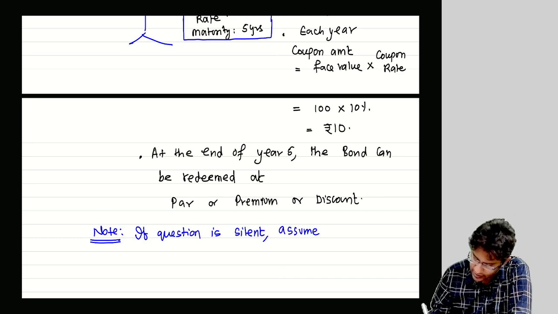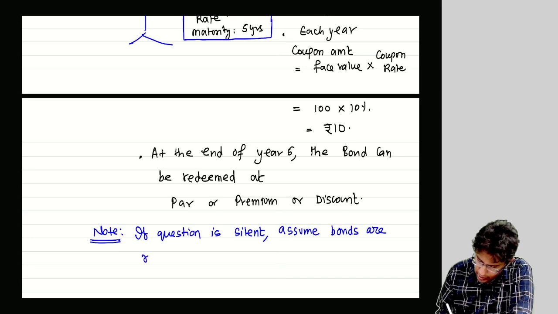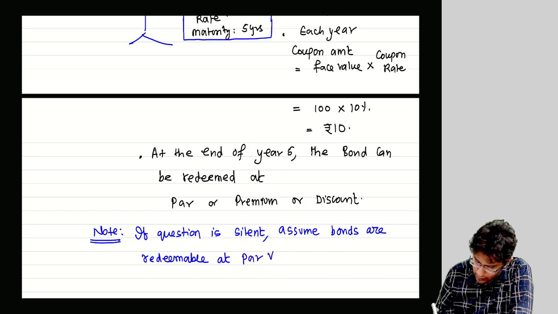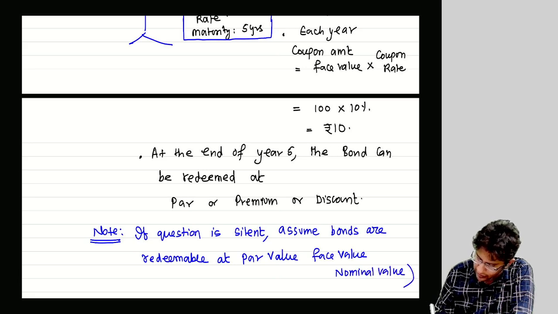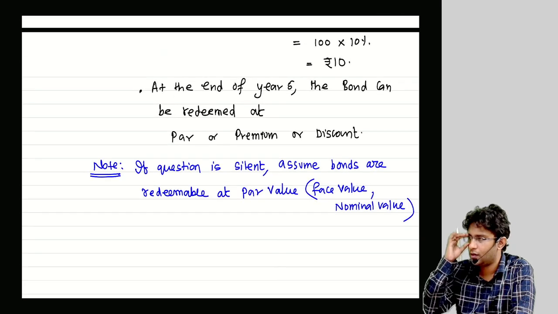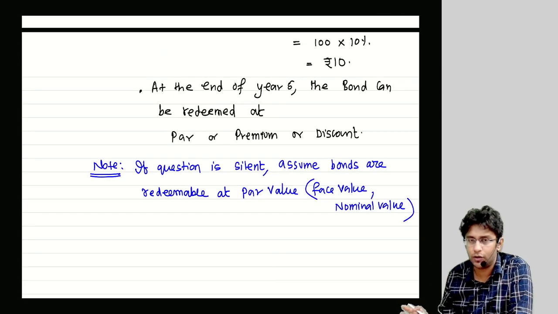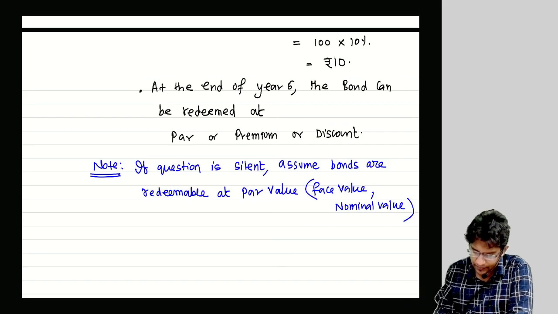The question is silent, assume bonds are redeemable at par value. Par value, face value, nominal value, they're all different names for the same thing.